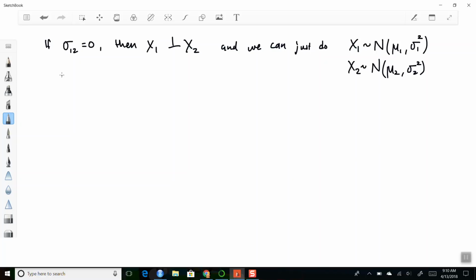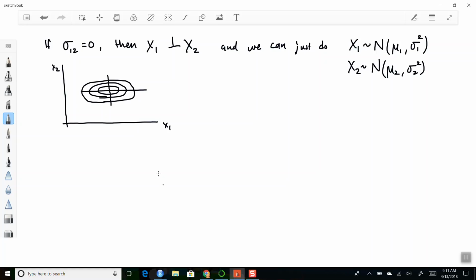And then if we were to plot that, what would the contour plots look like on x1 and x2? If they're independent, your contour plot might be a bunch of concentric ellipses, but the axes will be perpendicular to each other.